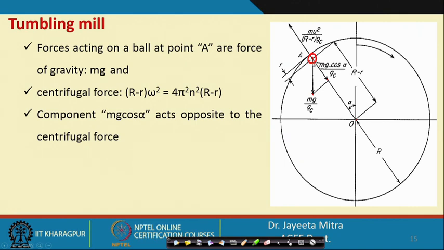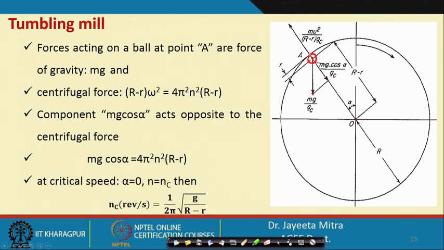Now, there will be one situation when, as the ball goes further in this direction, these two forces are equal. That means alpha is equal to 0 degrees, so cos alpha is 1. When the ball goes farther towards the right, a condition will arise where alpha is 0.